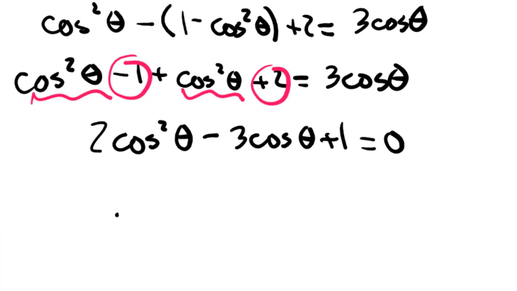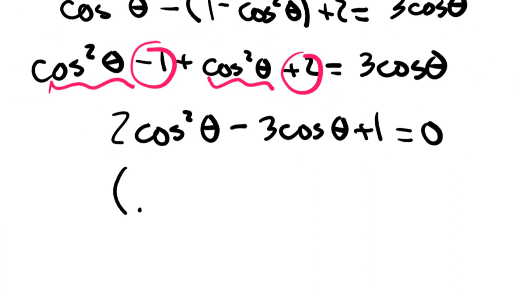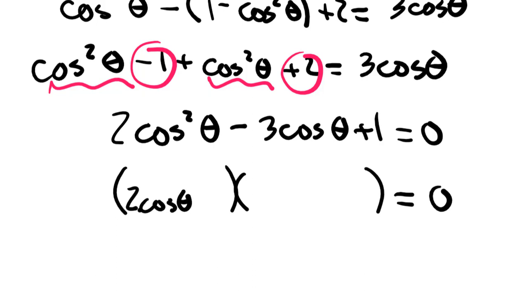Again, from here, take our time. We'll factor. This is going to factor into, so 2 cosine squared can only be 2 cosine theta and cosine theta. Now, for plus 1, there's only one way to get plus 1: I can either have 1 times 1 or negative 1 times negative 1. If you remember from your algebra days, if your linear term is negative and your constant term is positive, both of these guys would be negative.